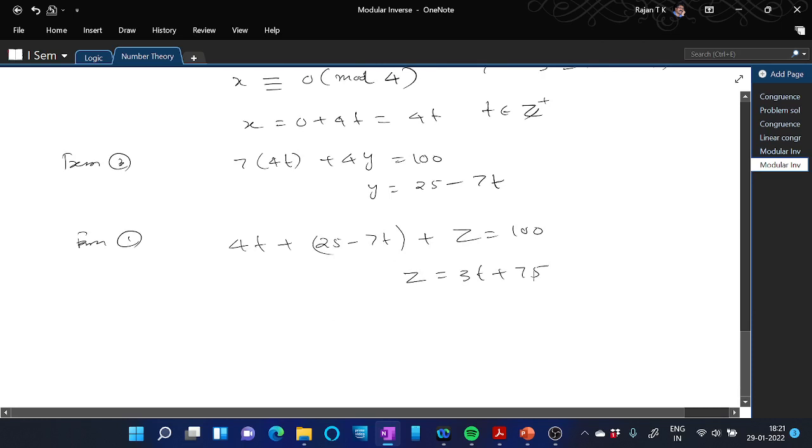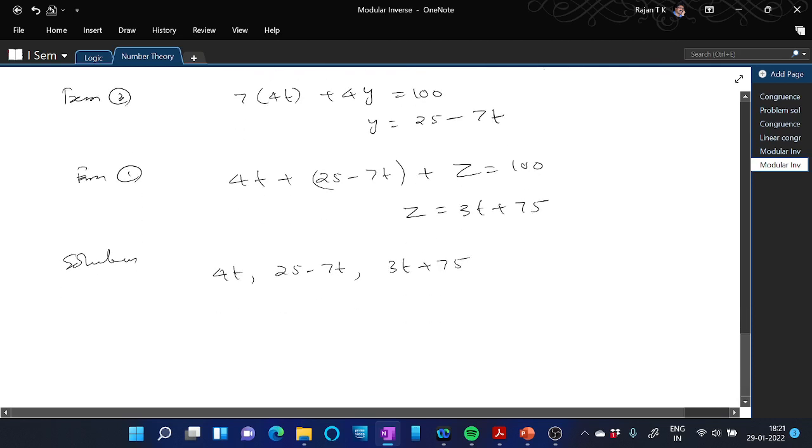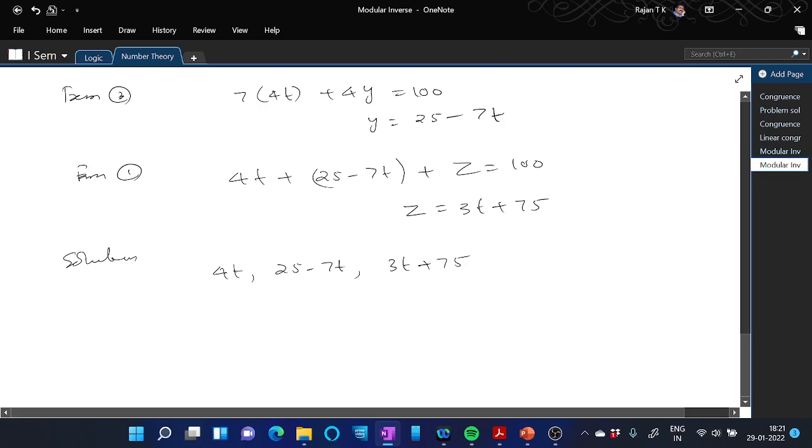Thus, the solution to the riddle is 4t, 25 minus 7t, 3t plus 75. Take the proper integer value of t such that all these are positive numbers.